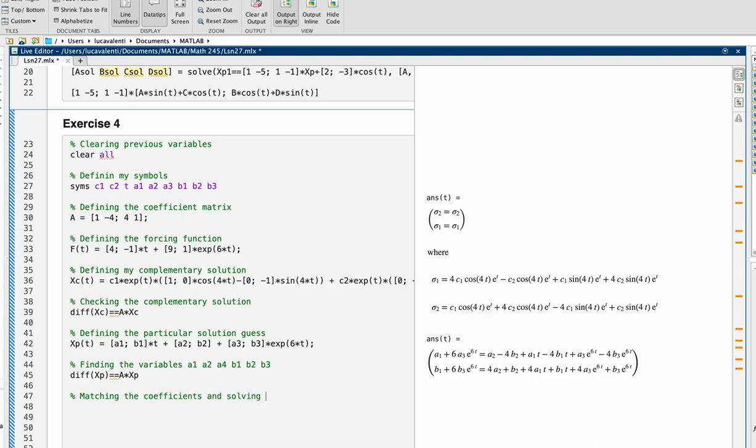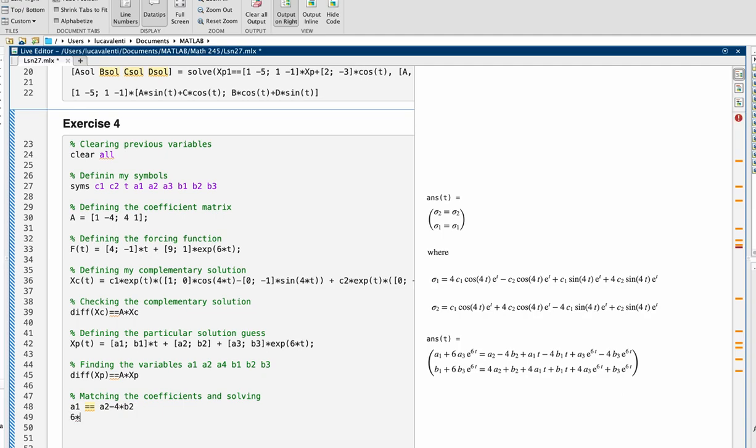and solve. So to do that, I'm going to look over here and I'm going to say, well, we have a1 by itself, and on the other side we have a2 by itself minus 4 times b2 by itself, and that is it. Remember, we need 3 equations from this and 3 from this because we have 6 unknowns. So now let's look at the coefficient of e to the 6t.